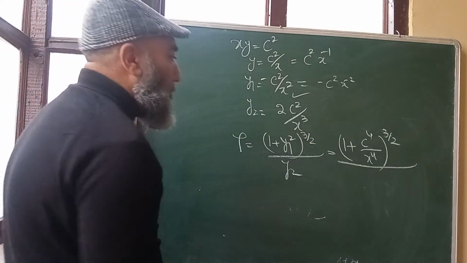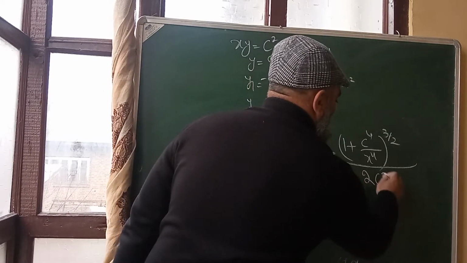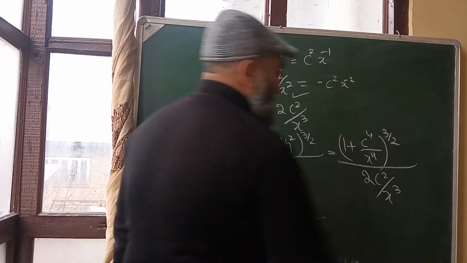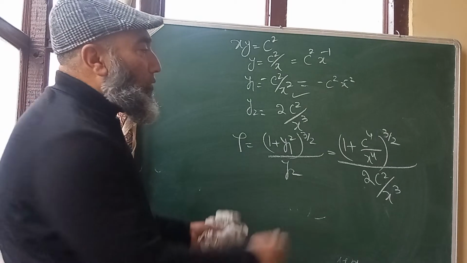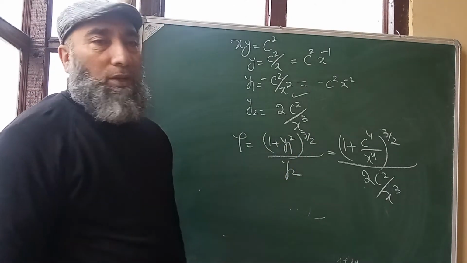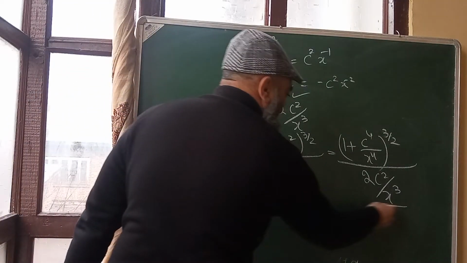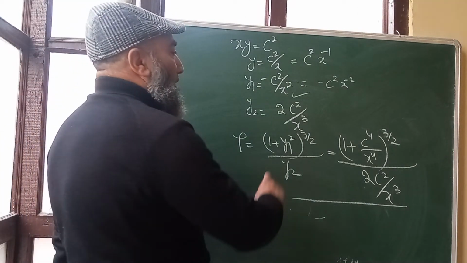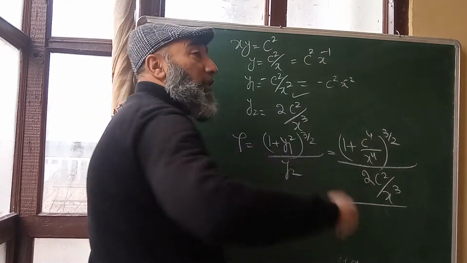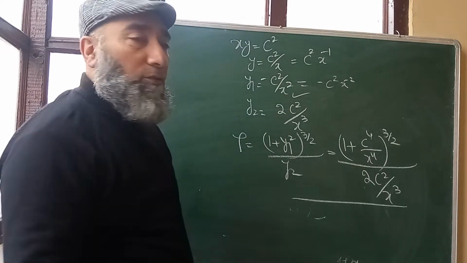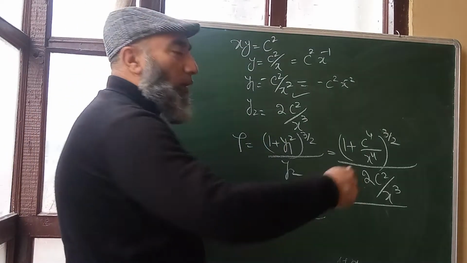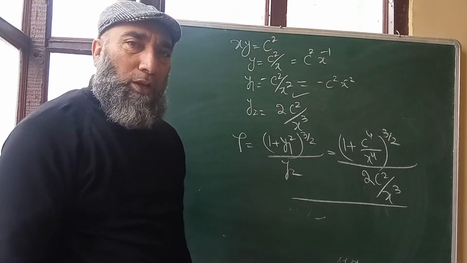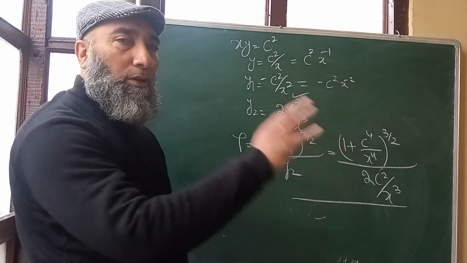What is y2? 2 c square by x cube. You can keep it likewise, or you can simplify it further. This is the radius of curvature. If a point is given, say you have to find the radius of curvature at a point, you have to substitute values of x and y in order to get a particular value.